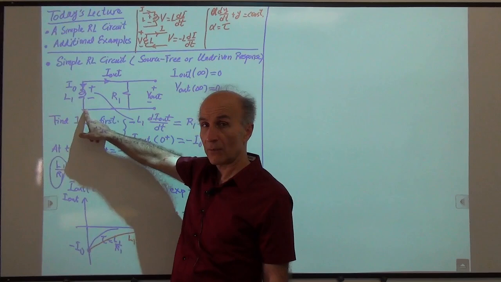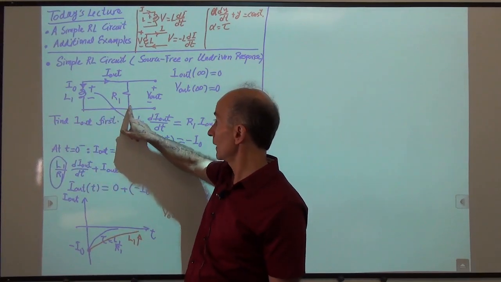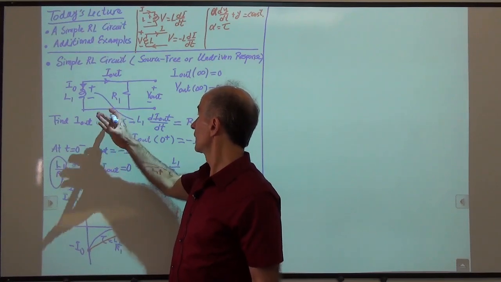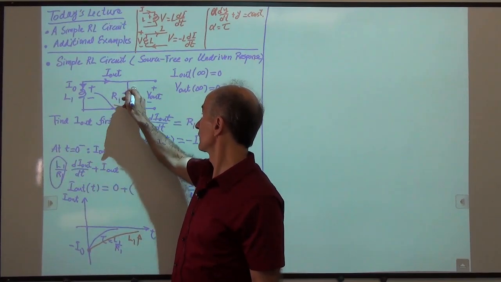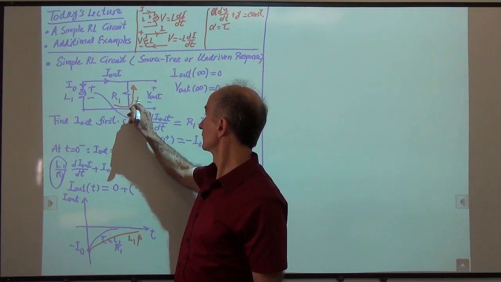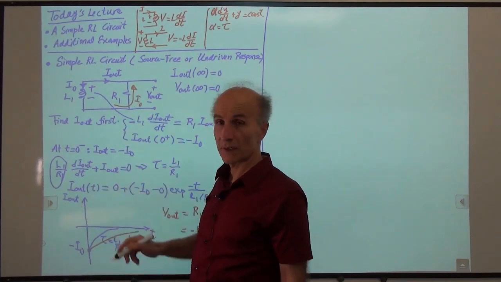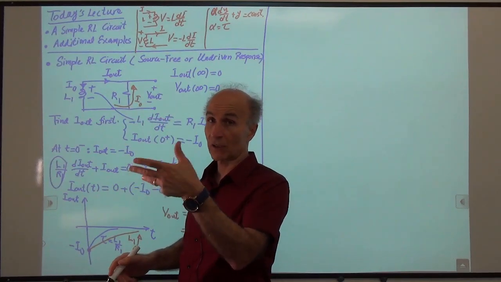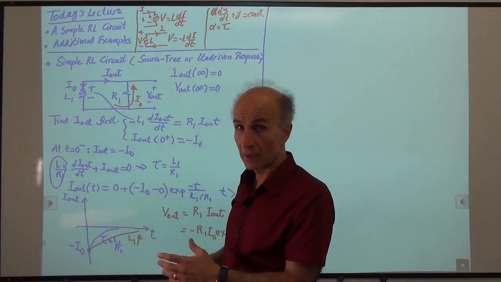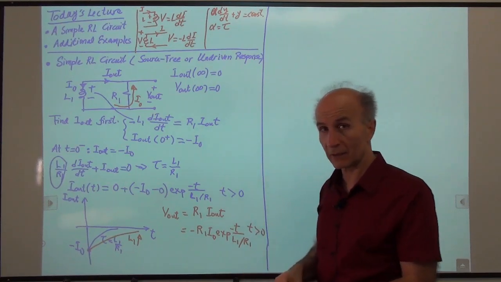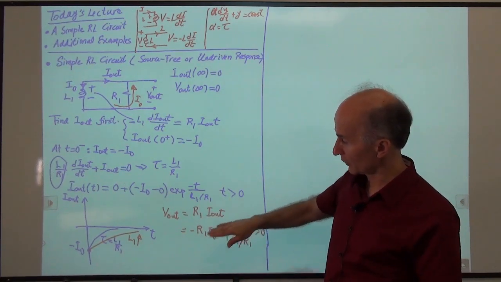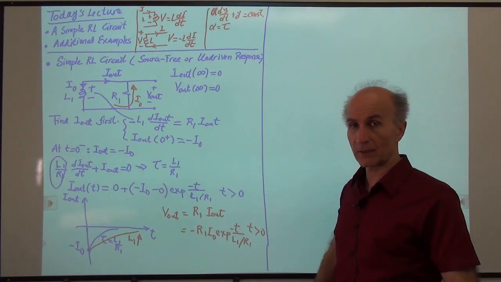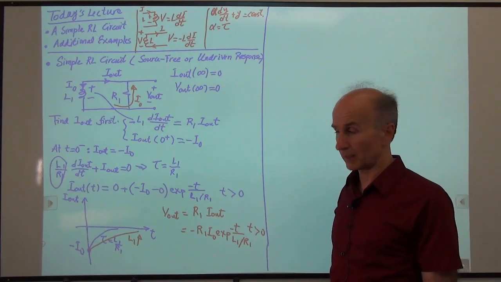The current comes down this way, it comes down and goes up here, right? So I0 is flowing like this. So we see that the current is going from the bottom of R1 to the top of R1. As a result, it generates a negative voltage across R1. So at time 0 plus, the voltage is negative, and then it approaches 0 as time goes by. Okay, so that's the response of this simple RL circuit.